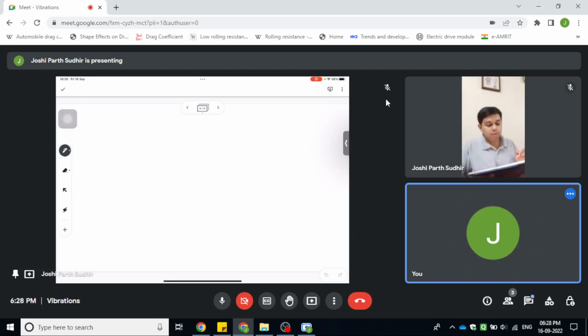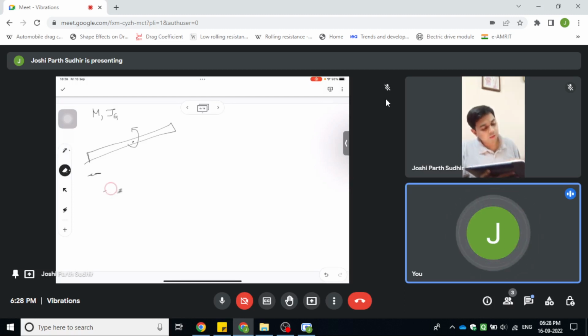So now let us move on to the equation of motion for the car body. It has a mass m and a mass moment of inertia Jg. The car body has rotated about its center of mass by theta.